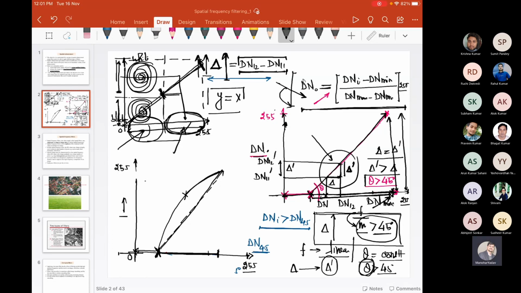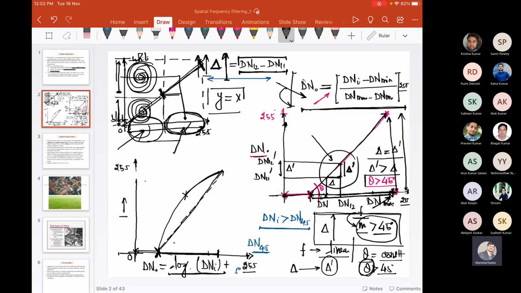What happens over here? If you plot a tangent, here we can say that this Tn output is equal to certain log of Dn input plus some constant, it is shifted over here.